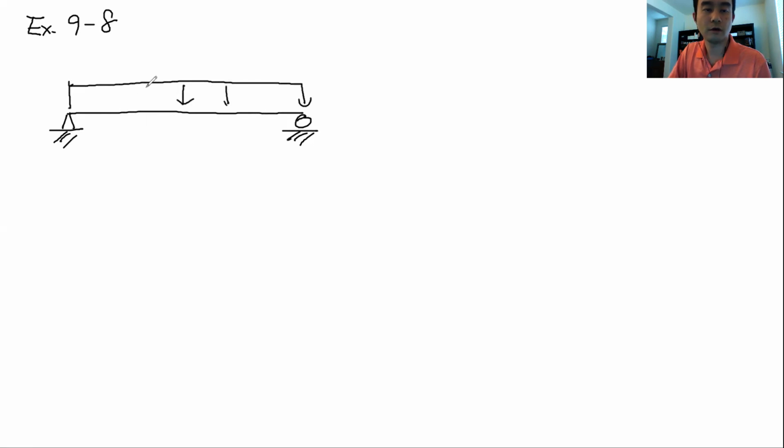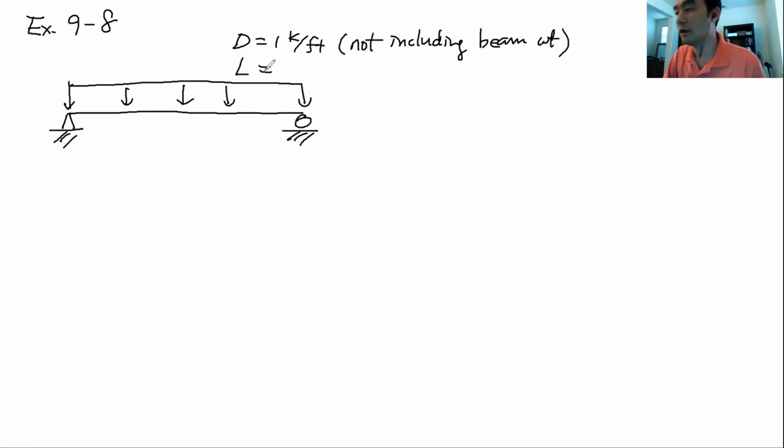The loadings are, the dead load is 1 kip per foot, and this doesn't include the beam weight. Okay, and the live load intensity L is going to be 2 kips per unit length. Okay, so those are the loading conditions, uniform distributed load on top of this beam.